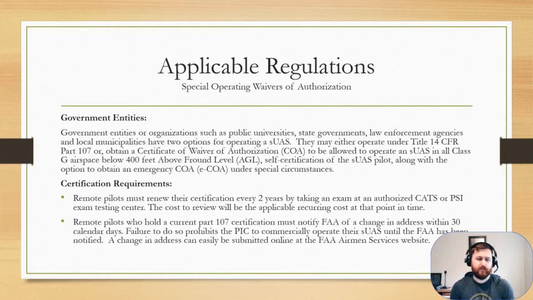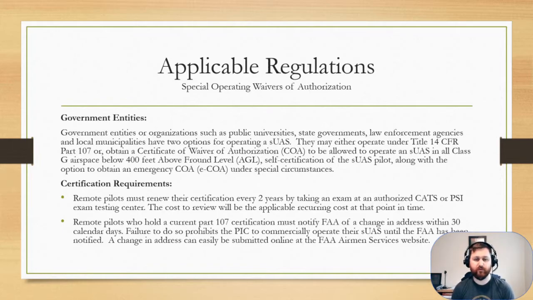So certification requirements. Remote pilots must renew their certification every 2 years by taking an exam at an authorized CATS or PSI exam testing center. Cost to review will be applicable, a recurring cost at that point in time. Remote pilots that hold a current Part 107 cert must notify the FAA of a change of address within 30 days.